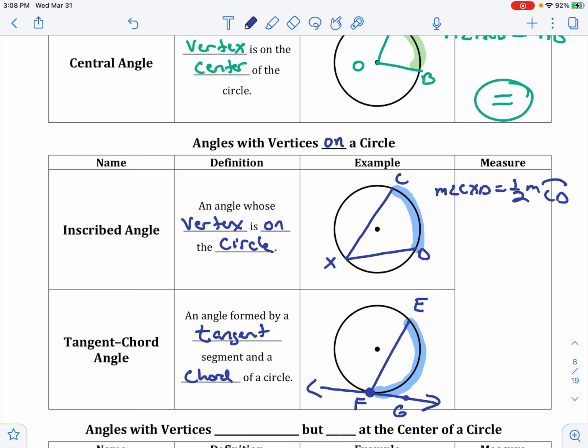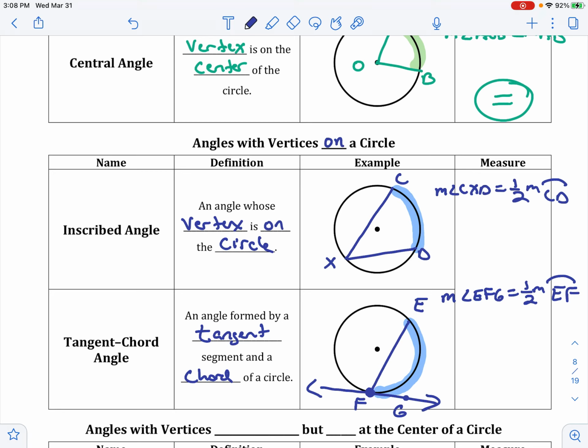Because the vertex is on the circle, the angle is going to equal half of its intercepted arc. So the measure of angle EFG is still equal to half the measure of its arc, which is arc EF.